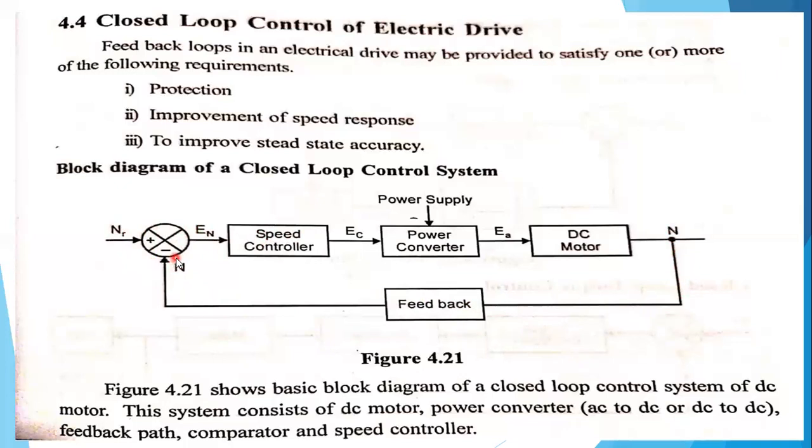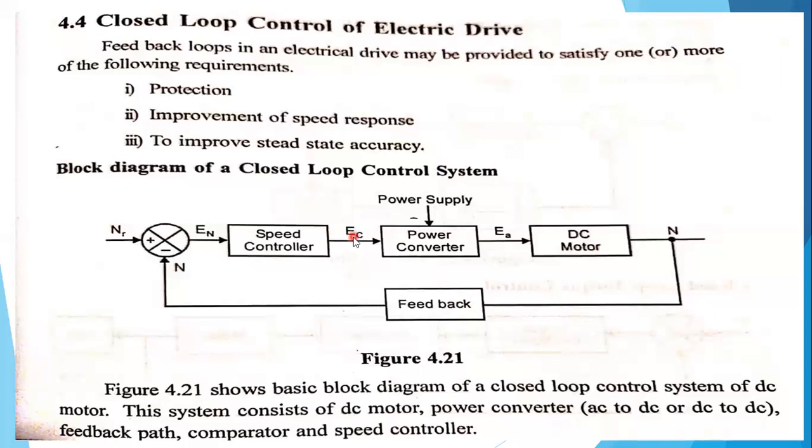The error signal EN goes to the speed controller. The speed controller produces a control signal or control voltage, that is denoted by EC.